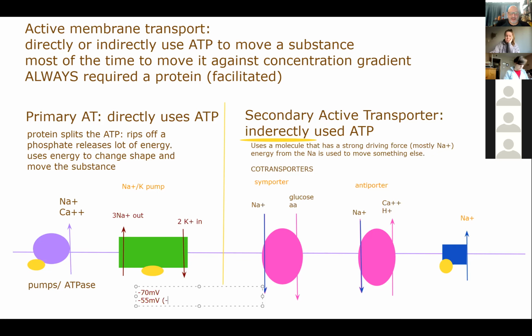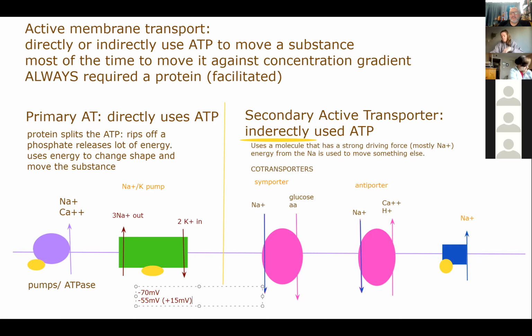It's almost a positive 15 millivolt change. That's how much more negative these pumps are making the cell than if you stop them. So this movement of sodium out and potassium in not only helps to make sure there's lots of sodium outside, lots of potassium inside, but it also helps to keep the cell negative on the inside, which we need for it to do its work.